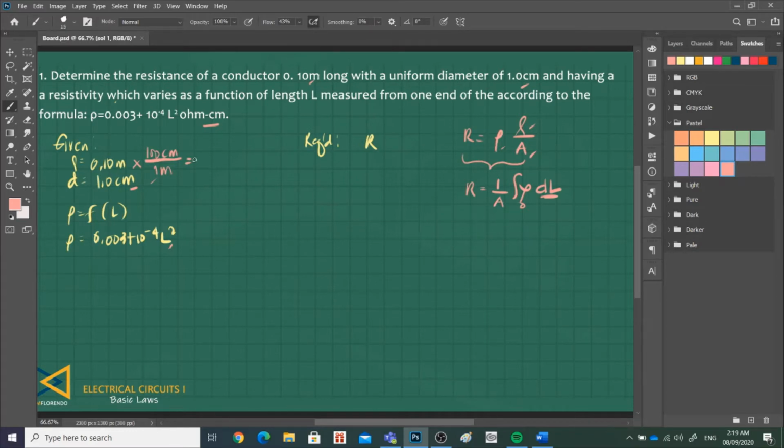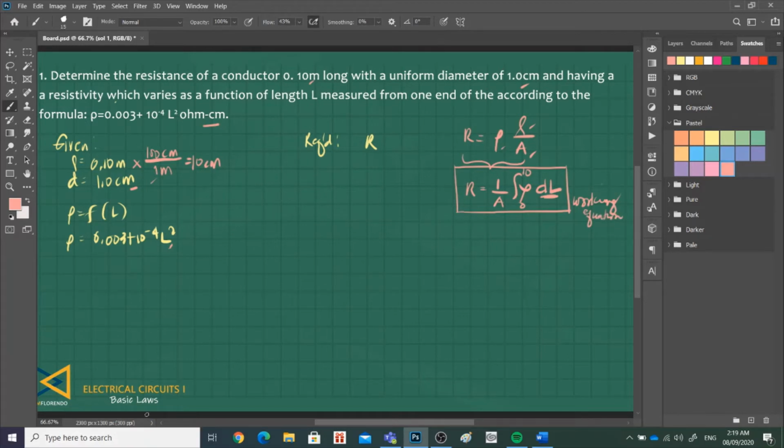Okay, complete natin. So, that is 10 centimeter. Ayan. So, from 0 to 10. So, ito yung magiging working equation natin ngayon. So, hindi siya direct substitution.